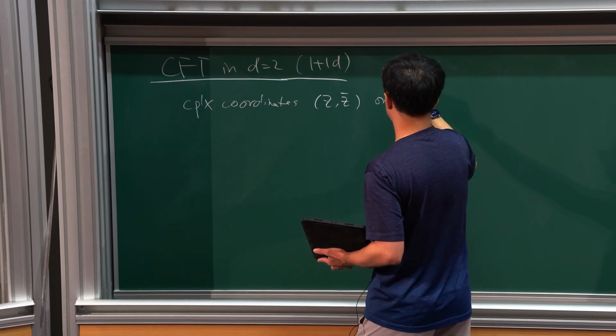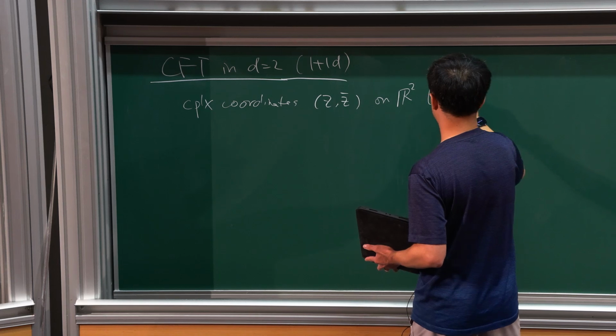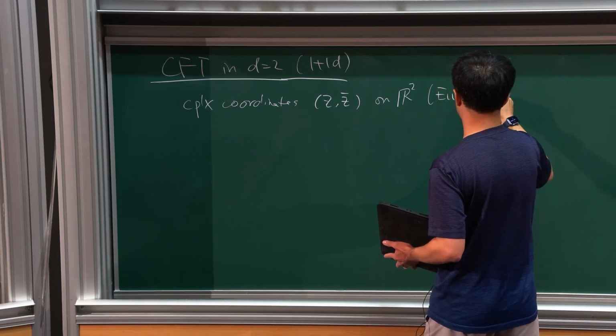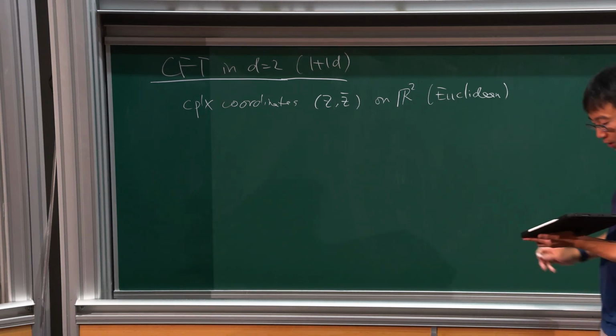R2, which we obtain by Wick rotation. So you can think about this as a Euclidean spacetime. So again, this is for convenience, and we can always recover the Lorentzian data by reversing the Wick rotation. Okay? But it will be simpler to work in Euclidean signature.